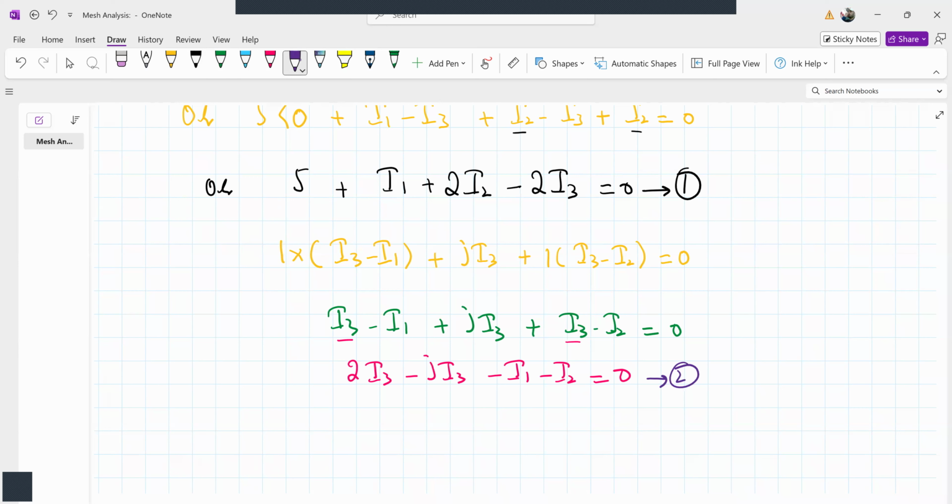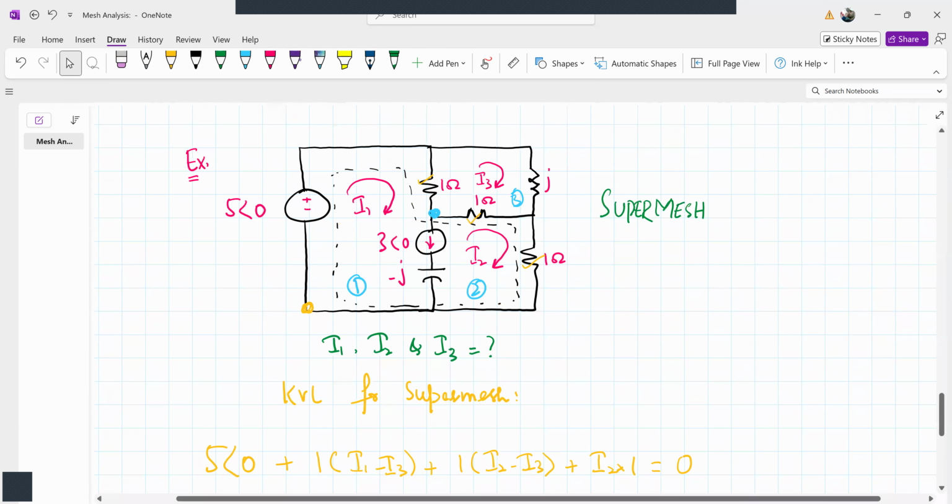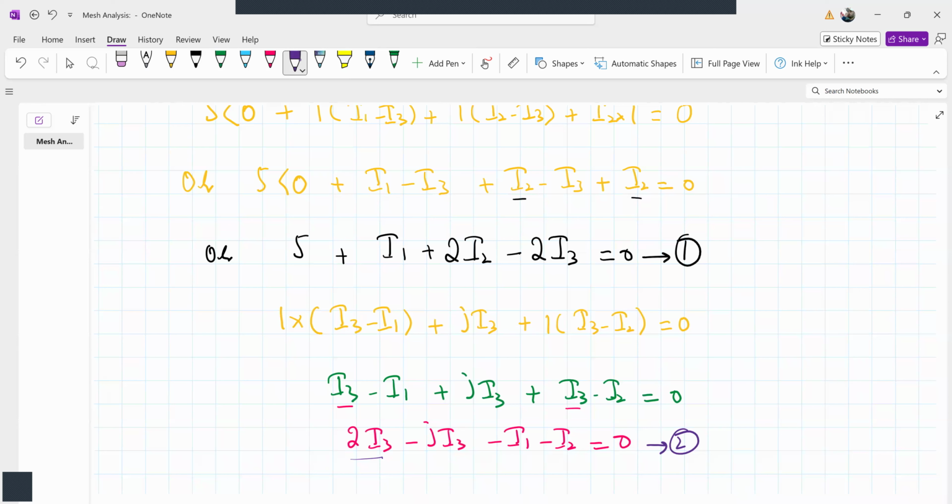I3 minus I1. I hope I have written this correctly. I3 minus JI3 plus I3. And we have two resistances here. I should have written 2I3, JI3, I1, I2.